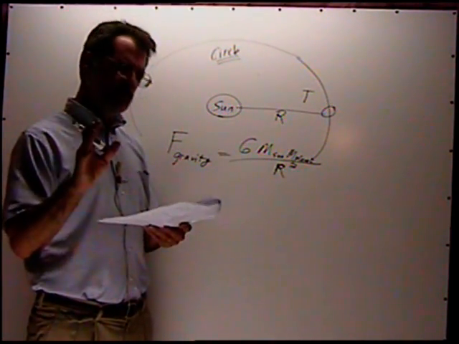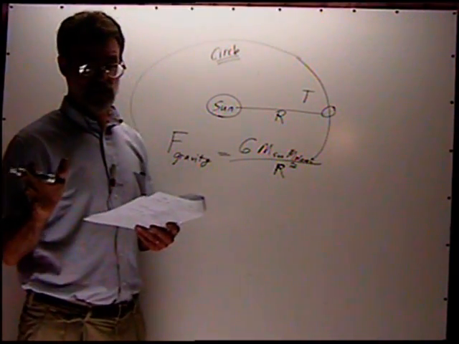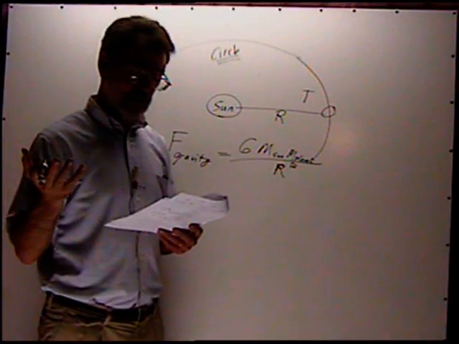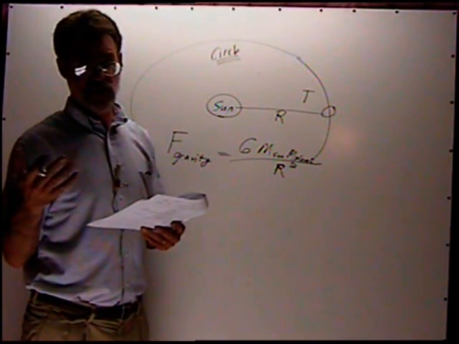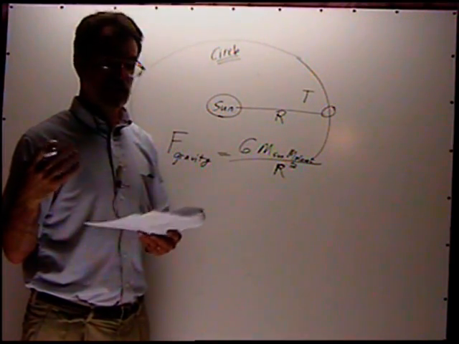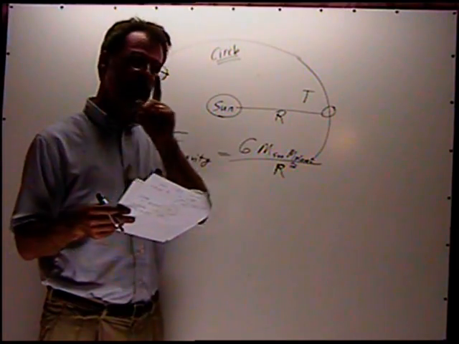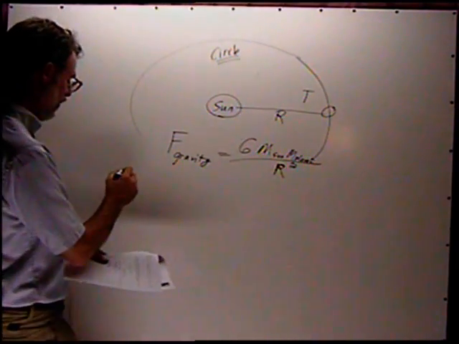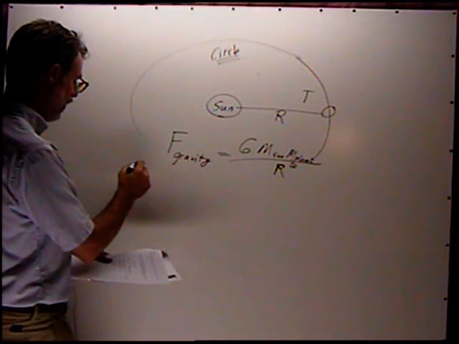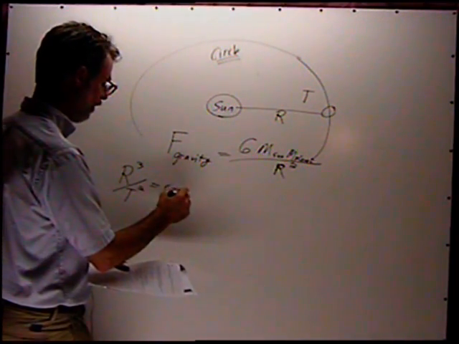And now you remember back Kepler, who died about 40 years ago. If you're about 30 years old, Kepler would have died about 40 years ago. He died about 10 years prior to Isaac Newton being born. So you think of Kepler's third law, which says that the radius cubed divided by t squared equals a constant.